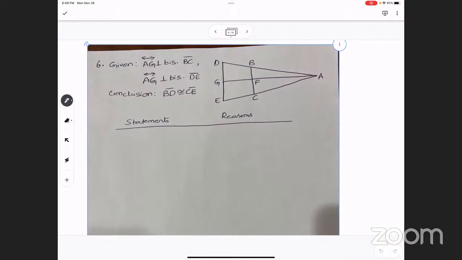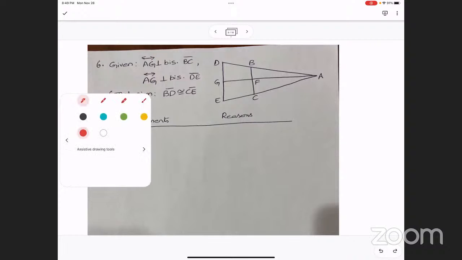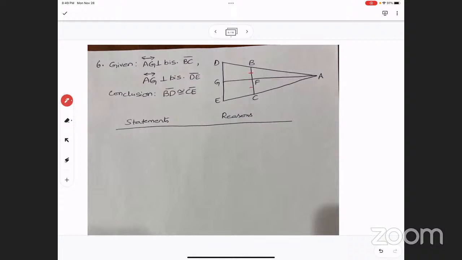So given AG is a perpendicular bisector to BC, we can prove that those two are equal by definition of perpendicular bisector, and we can state that all of these are right angles by the same definition.